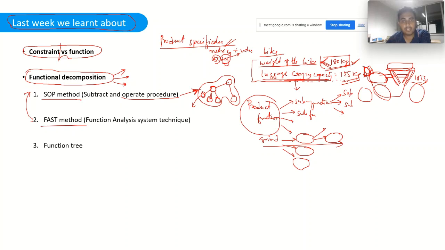For example, if this is something like a glowing LED, and you have three components, just removing one particular component may not result in a change in the parent level function. So we may not know the use of this particular function.